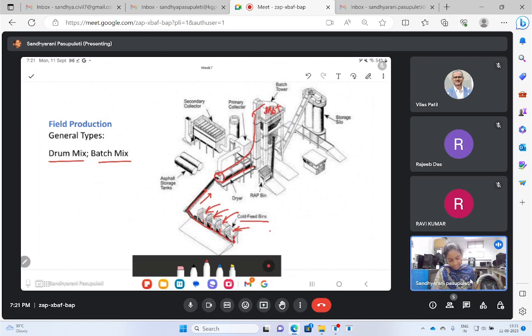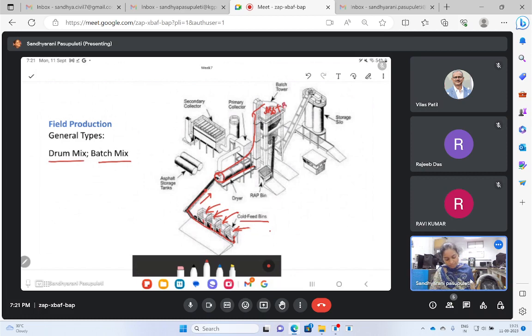There will be some screens. Manually we use the sieves, and here you will be having the screens. These aggregates will be separated according to the weights. Let us say 13.2 mm: how many grams of 13.2 mm should be added? How many grams of 9.5? From the screens, the particular designated amount will be added.